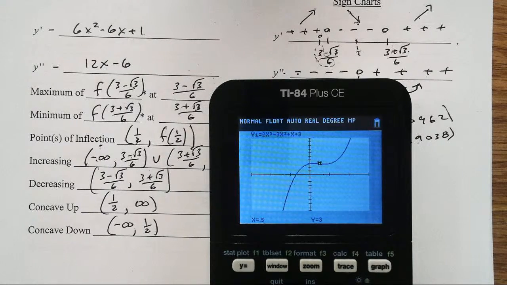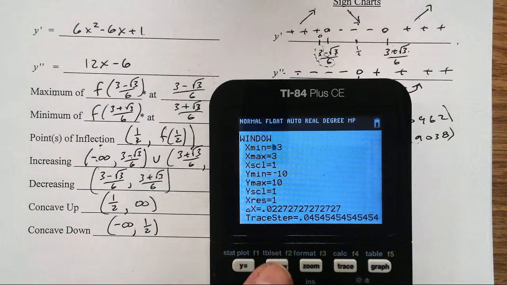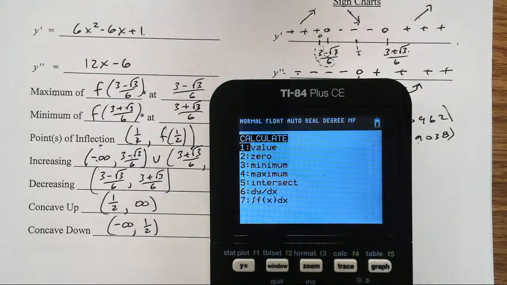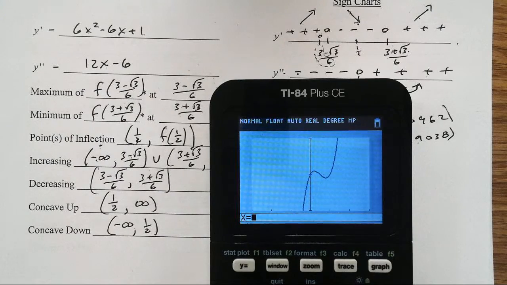Maybe I can get a better look at that if I change my Ymin, Ymax. Just kind of playing around here. Let's go window -2 to 4. You'll see what I'm doing here. Kind of trying to accentuate that portion of the graph that might have the inflection point in. And now I go second calc value 1/2.